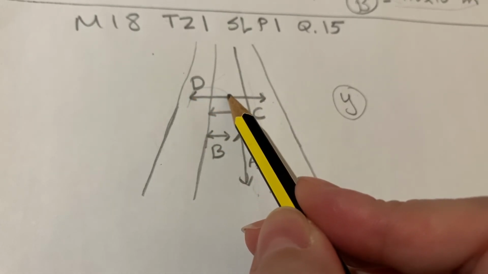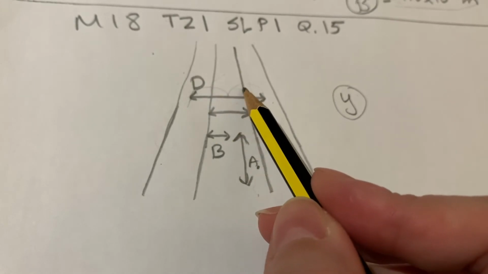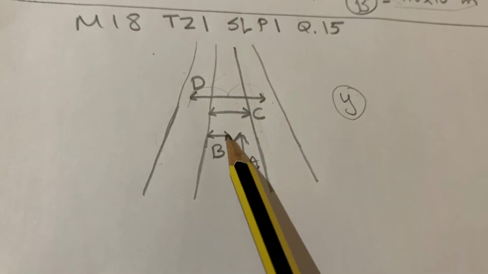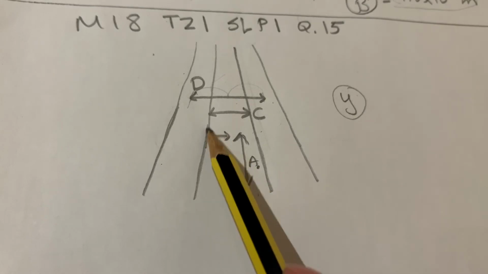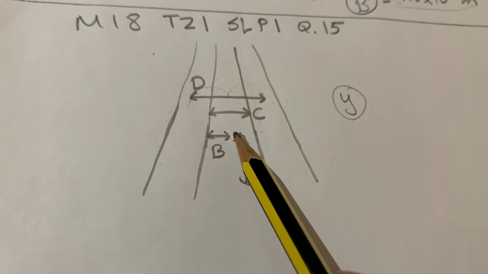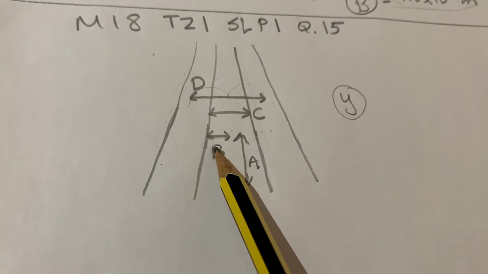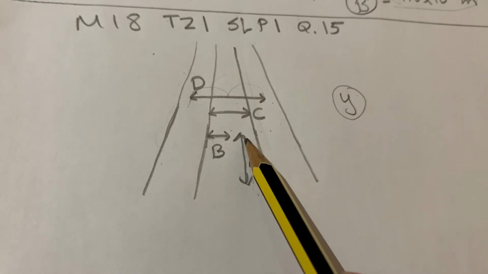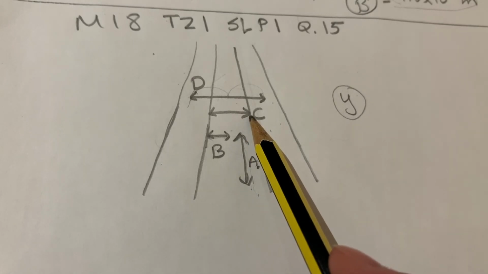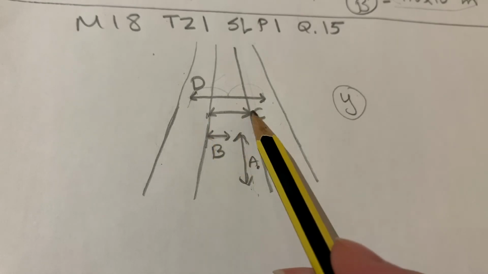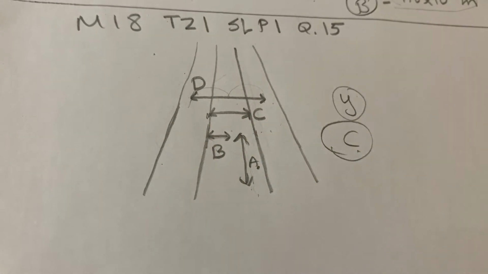Y would be from here to here or here to here, so D would be equivalent to 2Y. That's not the answer. B is half of it, from one destructive to next destructive, or from one constructive to the next constructive would be 1Y. B is half of that. A, given in the diagram, is just a label of 2 wavelengths of distance. C is actually from one destructive to the next destructive. That's why C is our answer.